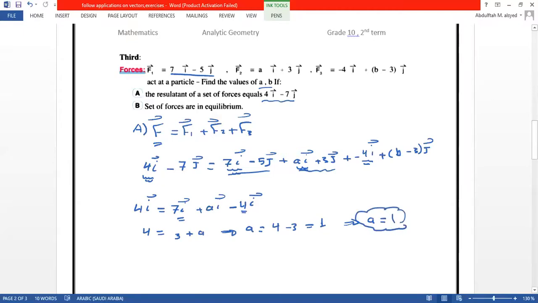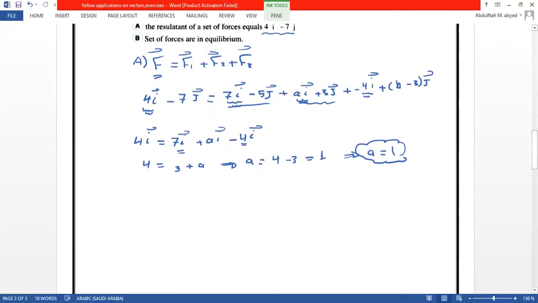The next step, we will equalize the j coordinates. This is very important. Negative 7j, negative 5j, 3j, B minus 3j, this is all the j coordinate. So negative 7j equals negative 5j plus 3j plus B minus 3j.